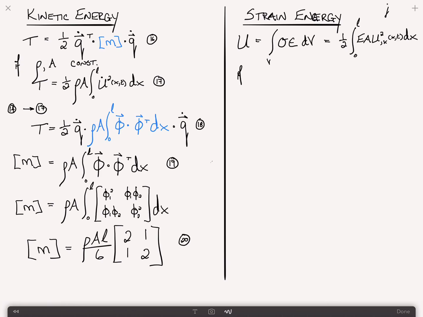And if E and A are constant, this implies U can be rewritten as follows. It's equal to 1/2 EA times the integral from 0 to L of u,x squared, that's of x and t, dx.